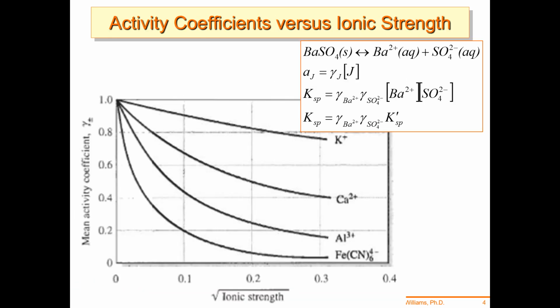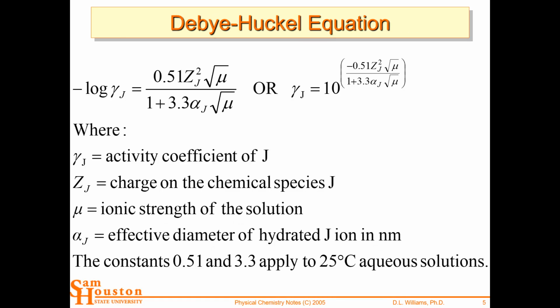So let's talk about these activity coefficients, this thing that's been plotted on the y-axis. It's the Debye-Huckel equation. It's a complicated equation. Obviously, it's an empirical fit, but it's got several new terms in here for you. You have the gamma, which is the activity coefficient for species J. Let's go ahead and use the one on the right.